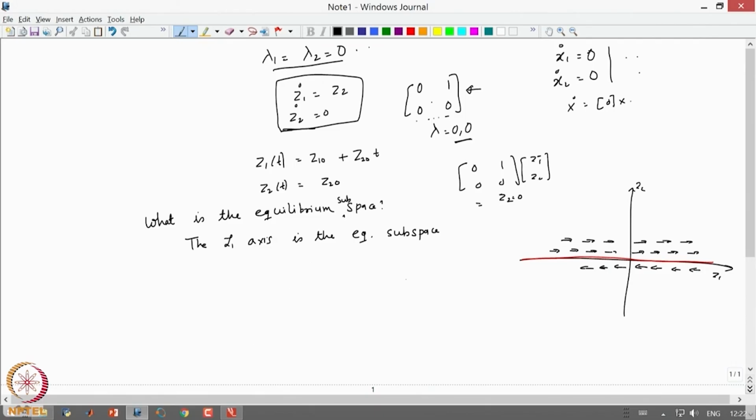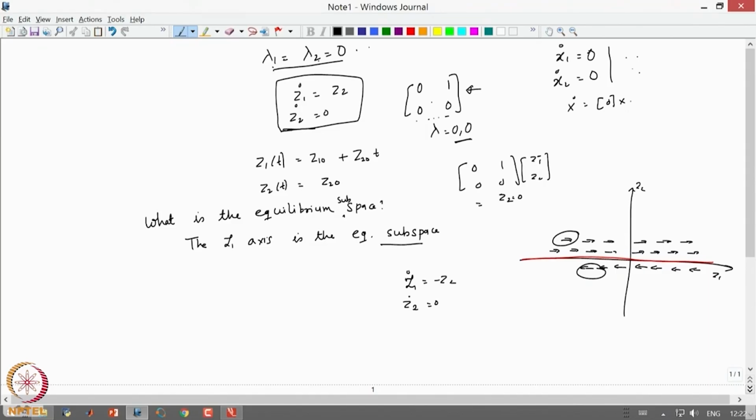Okay. Now, there could be another case when Z1 dot is negative of Z2, Z2 dot is 0. What will happen to the phase curves? They will be exactly the same, just with the directions of the arrows being reversed. So, that is two different cases when lambda 1 and lambda 2 both are equal to 0, and the equilibrium subspace depends again on the Jordan form.